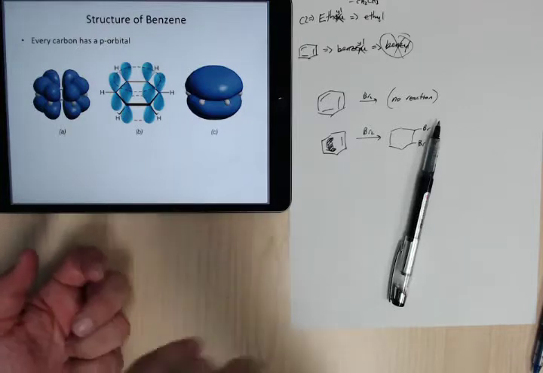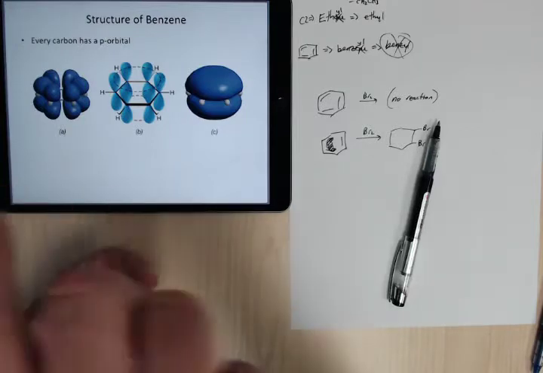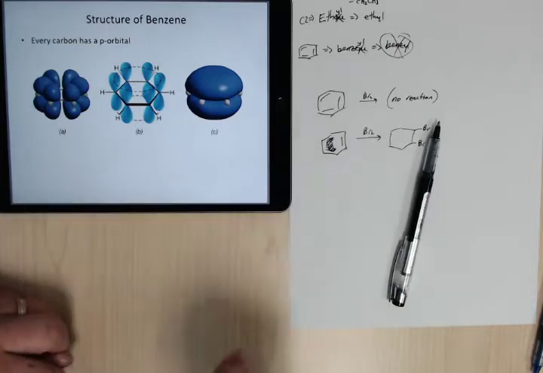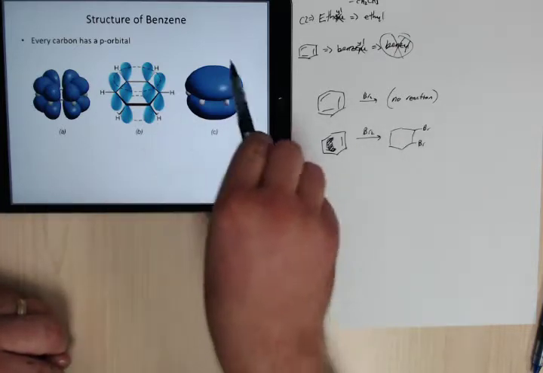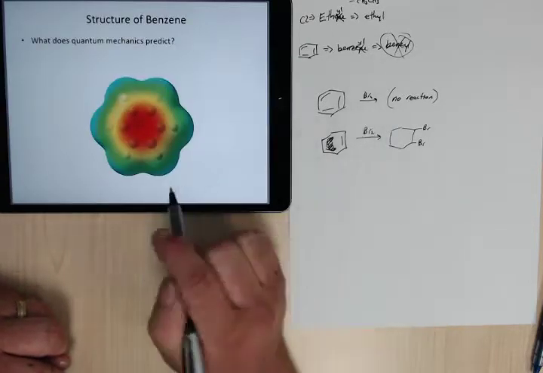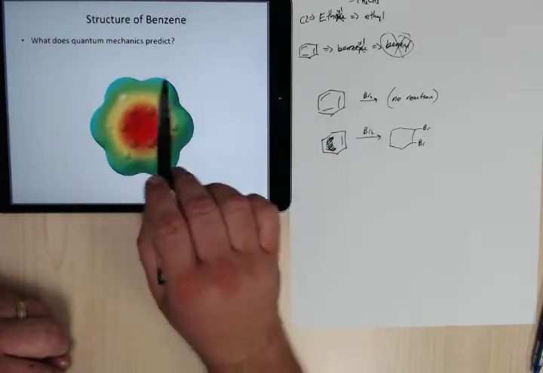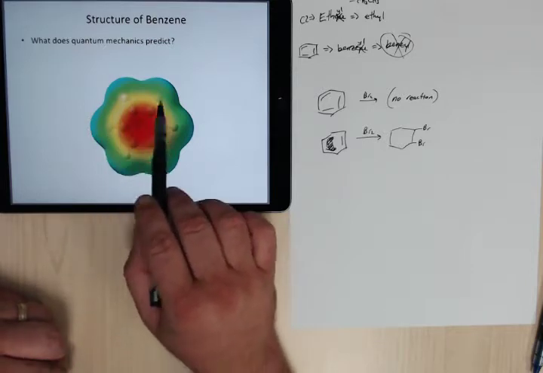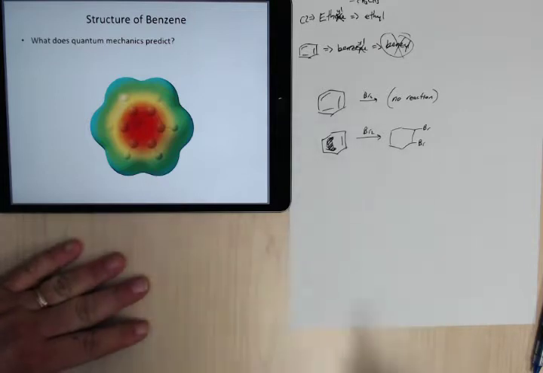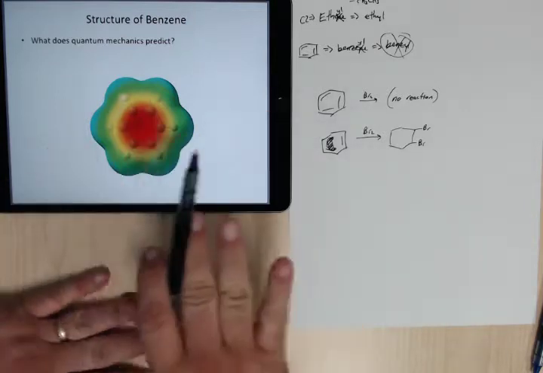So you have p orbitals on the top, p orbitals at the bottom, that's your donut, and then the carbon in the middle is the burger. That's sort of what it looks like. If you do the quantum mechanics of it, that's exactly what it predicts. There's a lot of electron density in the middle, radiating out, and there's no actual double and single. It's all sort of smeared together.